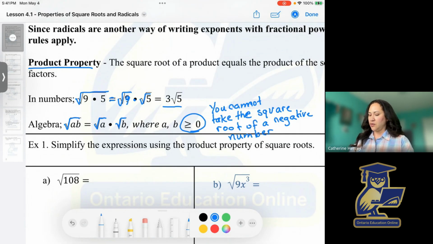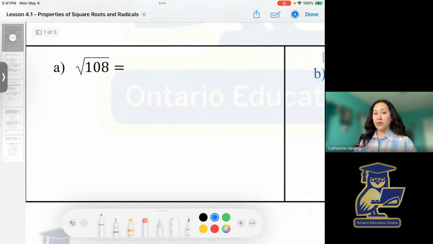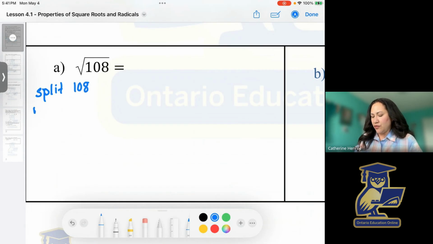Okay, let's take a look at simplifying some expressions. So if I want to simplify the square root of 108, I can start to split 108 into perfect square numbers. So the idea is to split 108 into perfect square numbers.